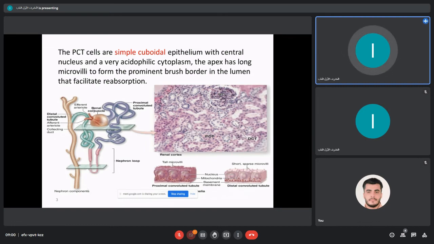All of these are reabsorbed in the proximal convoluted tubule. The other function is secretion, which means passage through the epithelial cells of the proximal convoluted tubule into the filtrate, into the urine.